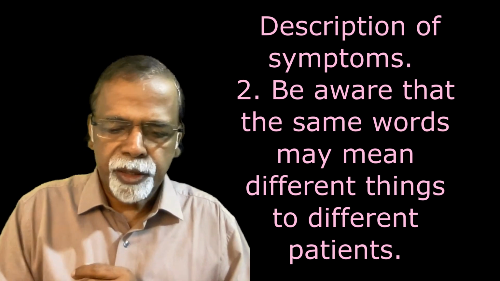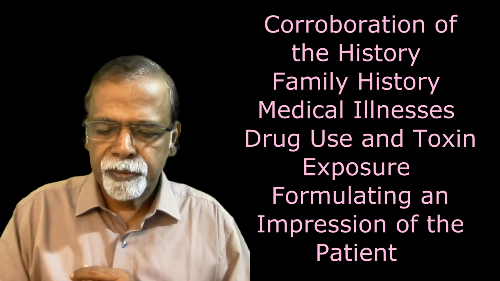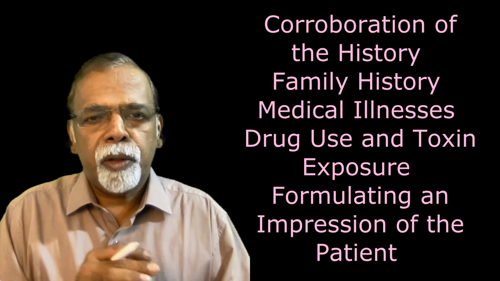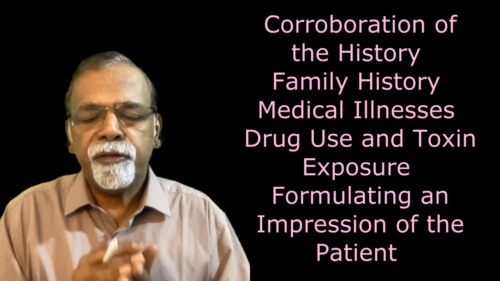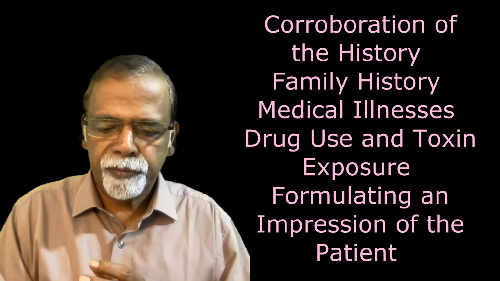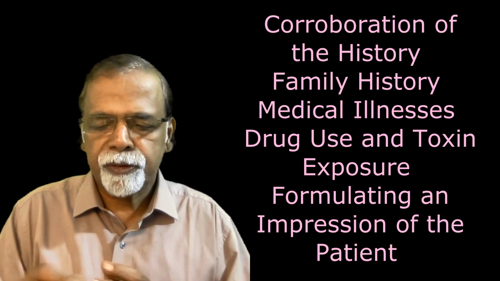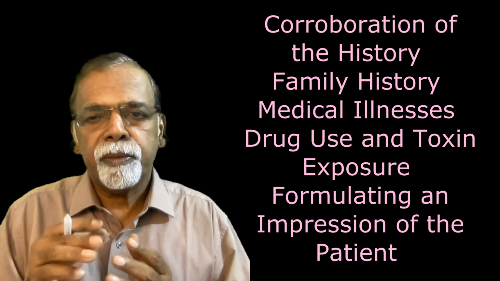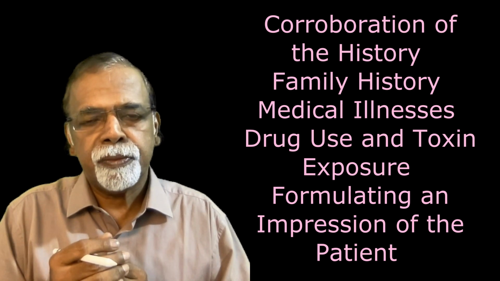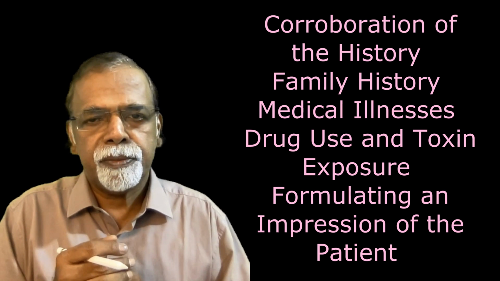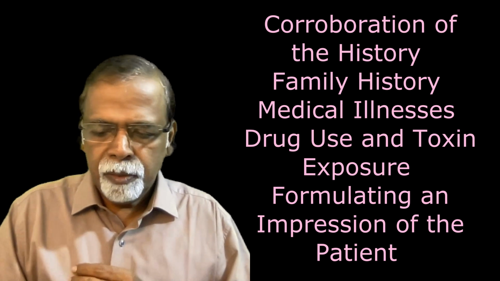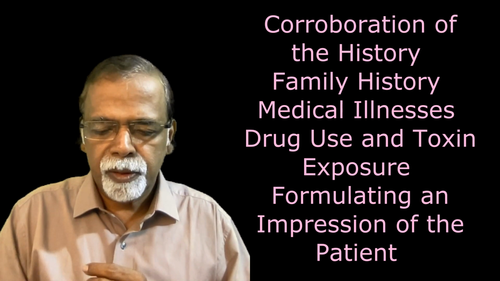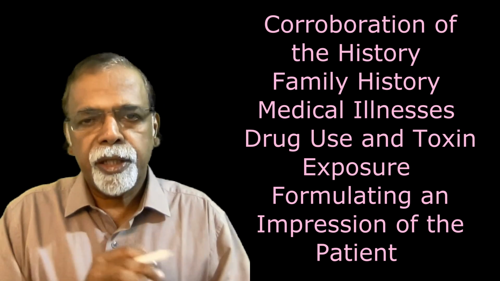Then always try to get a history from the relatives. Corroboration of the history: additional information should be obtained from family, friends, or even from previous doctors who have treated the patient. Many of the neurological diseases have got some familial or inherited component.